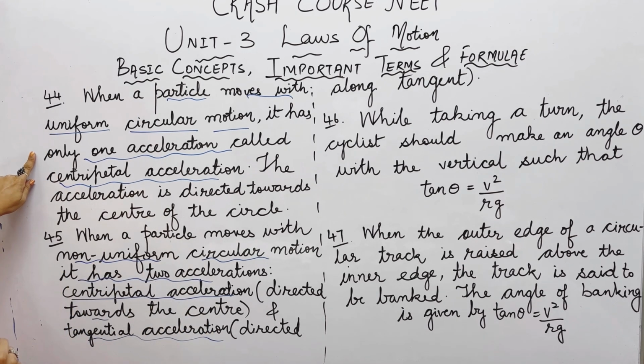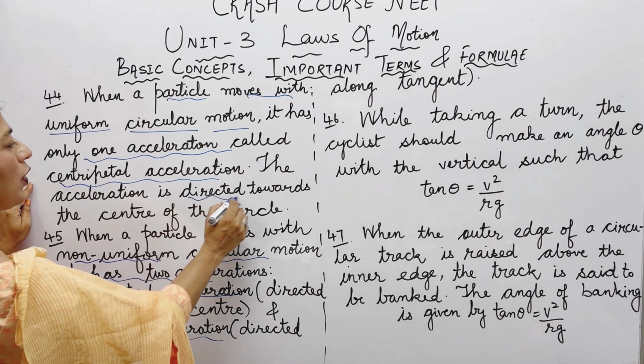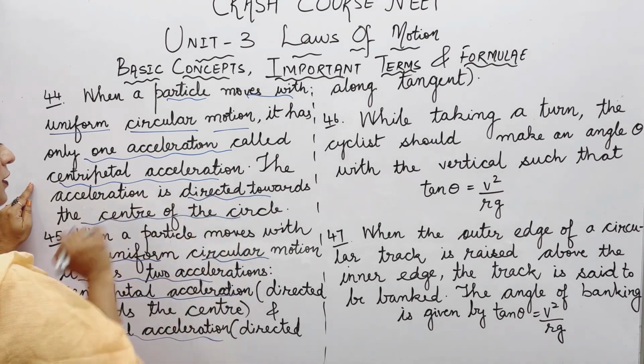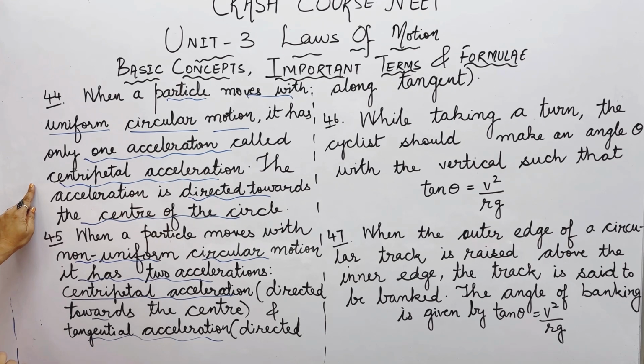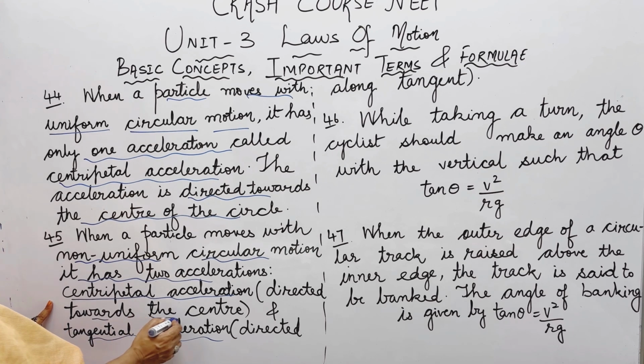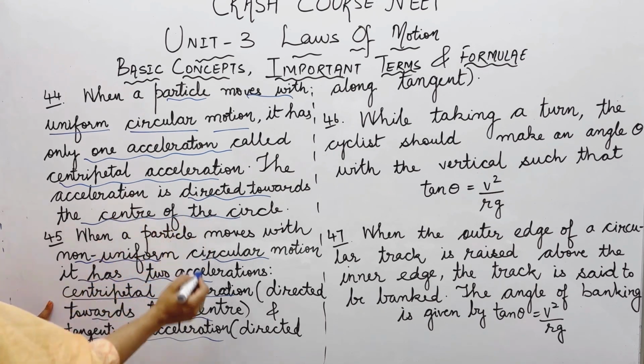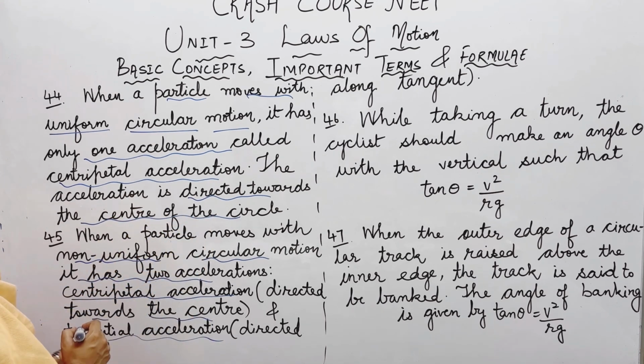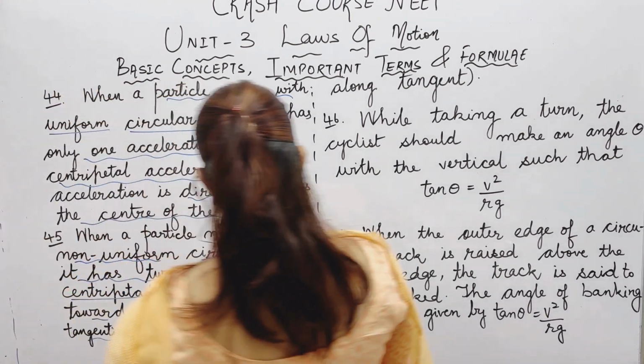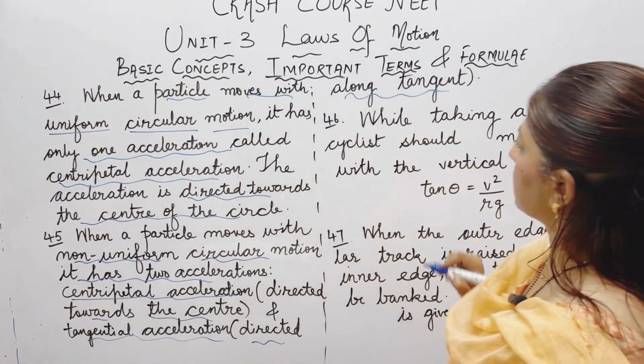The centripetal acceleration is directed towards the center of the circle. On the other hand, when the circular motion is non-uniform, the centripetal acceleration is directed towards the center of the circle, and the tangential acceleration is directed along the tangent.